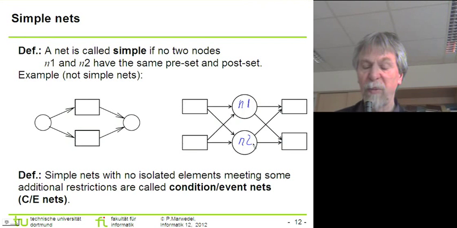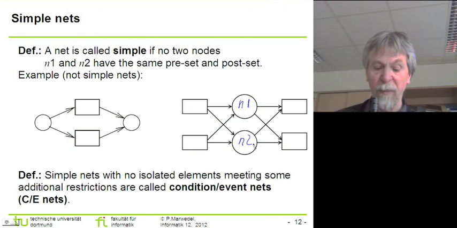In practice, it will be very difficult to distinguish between the two kinds of conditions, and it makes a lot of sense just to merge the two conditions and just to consider these two conditions as being one. So these are situations that we would like to avoid in our nets.